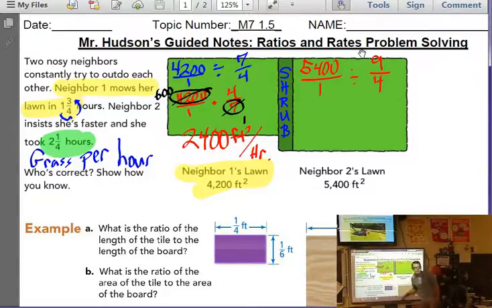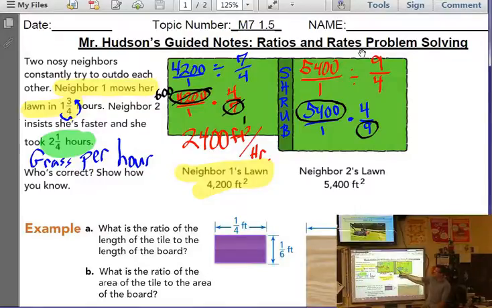This then becomes, after keep, change, flip, 5,400 times 4 ninths. Now again, think about cross reduction, because it makes life so easy. Xavier, can we cross reduce? Yeah. 5,400 doesn't turn to 600.